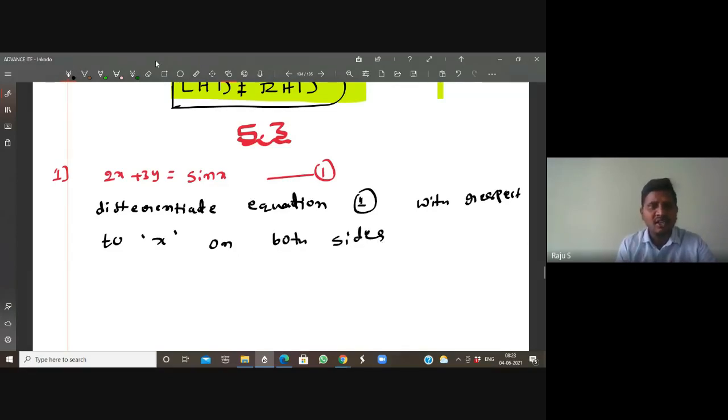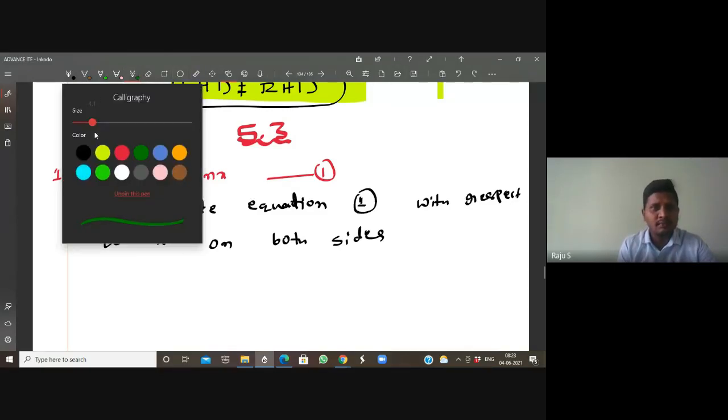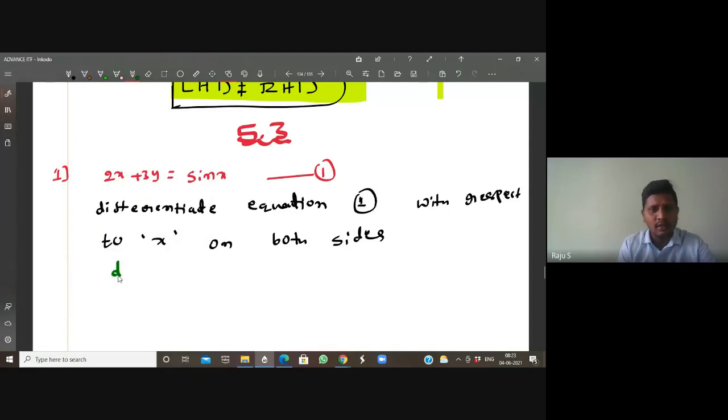When I differentiate equation 1 with respect to x on both sides, here we get dy by dx. So what about the left side, the LHS? d by dx of 2x plus 3y is equal to d by dx of sin x.